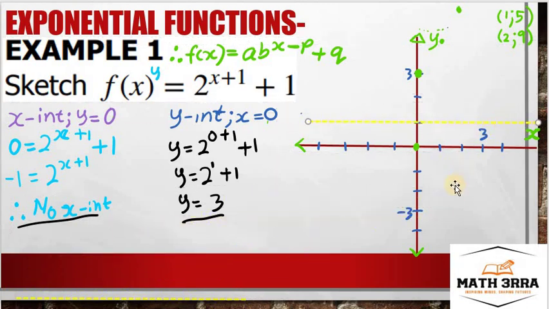Now an asymptote is nothing more than a horizontal line that cuts the y-axis at a particular value. So in this case, the asymptote cuts the graph at the line y is equal to 1, right? So that's what I need you to take away for yourself.